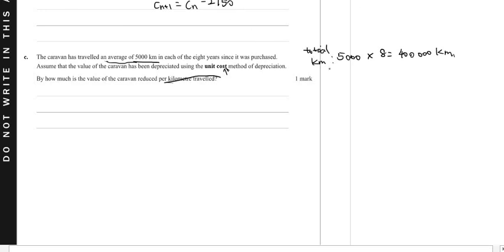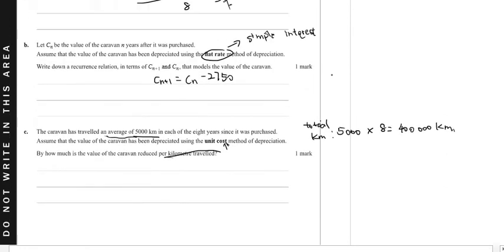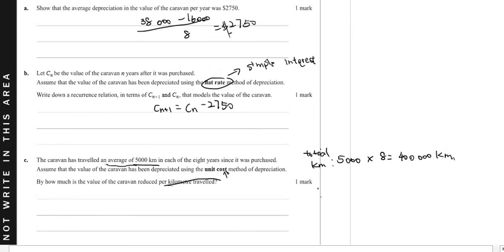So how about the total amount of depreciation? The total depreciation is 38,000 minus 16,000, which is 22,000.